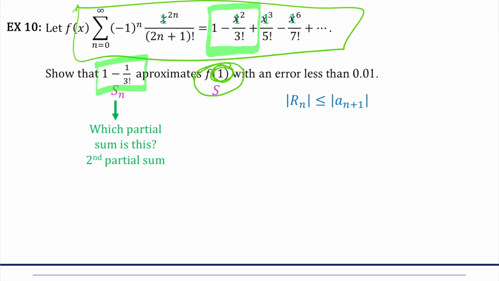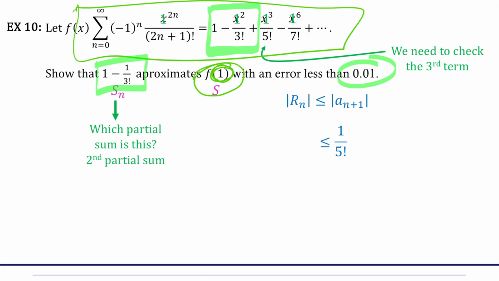Now, does that second partial sum have an error less than 0.01? Well, if that's the second partial sum, we need to check the third term, the next term, which is 1 over 5 factorial. 5 factorial is 120. So we've got 1 over 120, which indeed is less than 1 over 100, or 0.01.